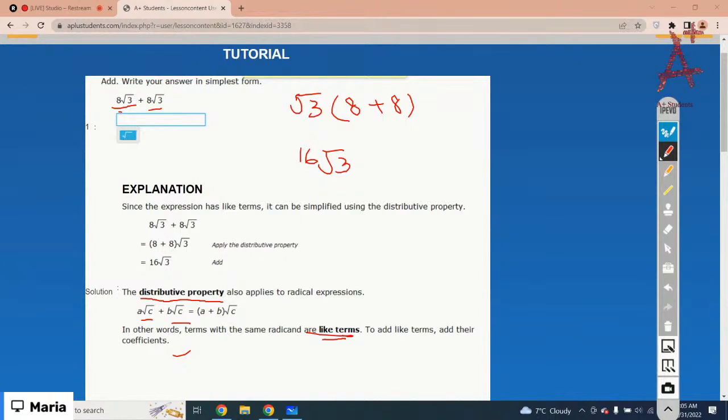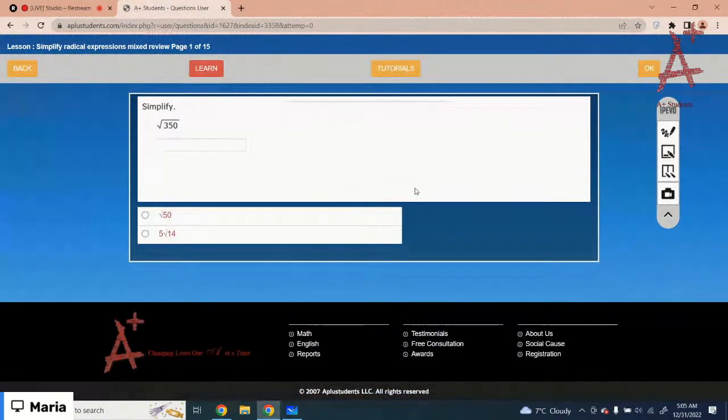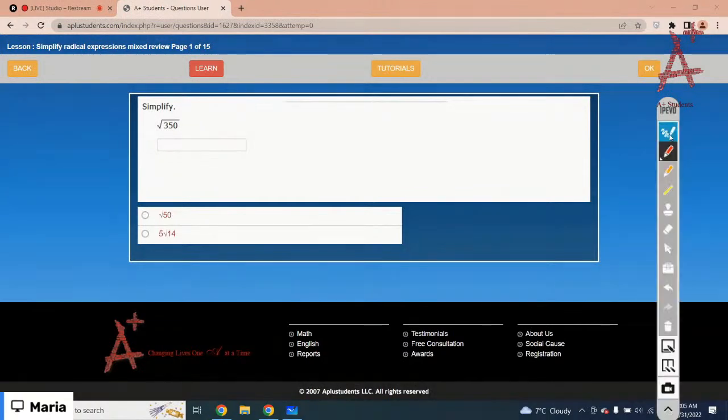Okay, let's just start with the test questions. Okay, you have to simplify square root 350. So just write down the prime factors of 350.